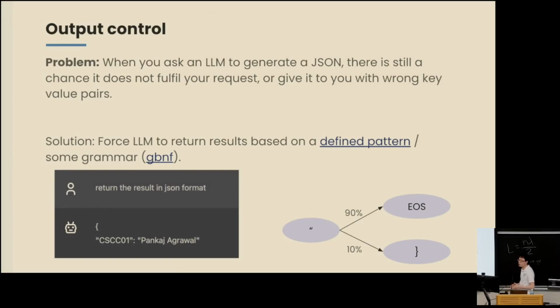So quick kind of like internals, how does it work? Again, it's about observing this graph here on the bottom right. So let's say after that double quotes, 90% of the time the LLM says, yeah, go to end of string, do nothing, that's the end. 10% of the time it goes to a close bracket, right?